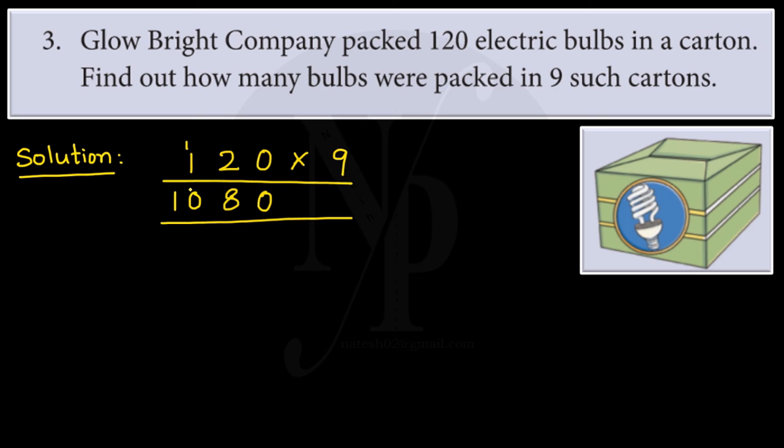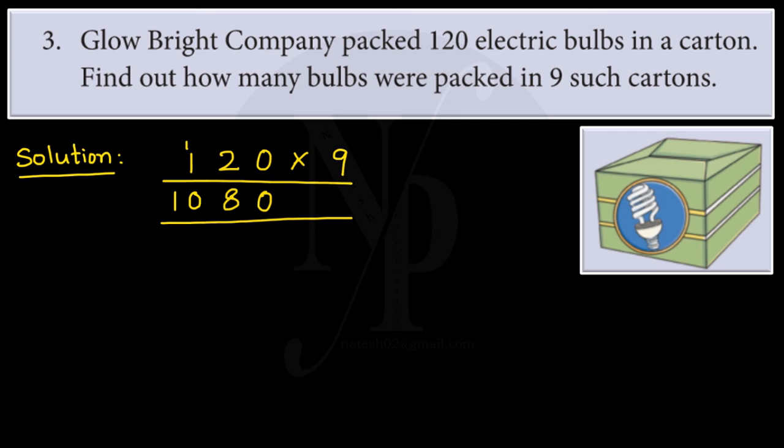Therefore 1080 is the product of 120 and 9. What does 1080 represent here? So this is the total number of bulbs packed in 9 carton boxes.